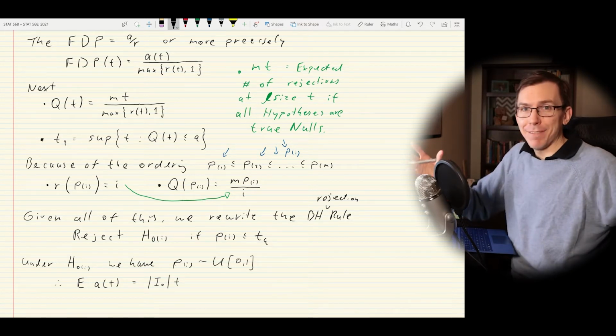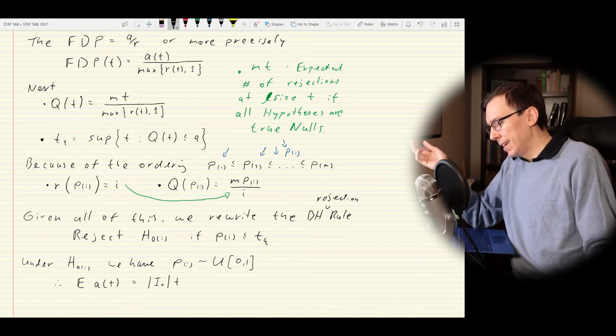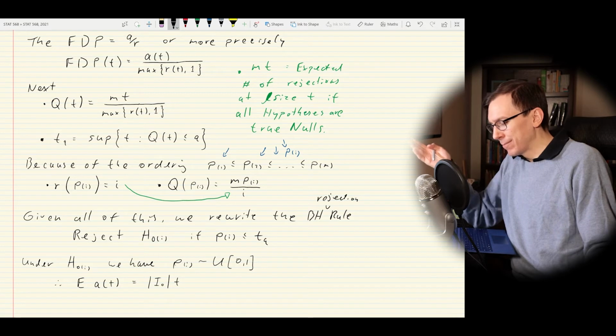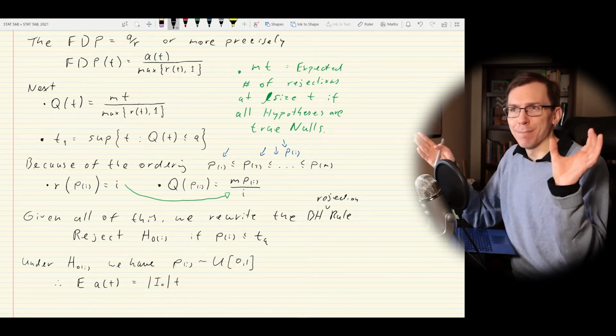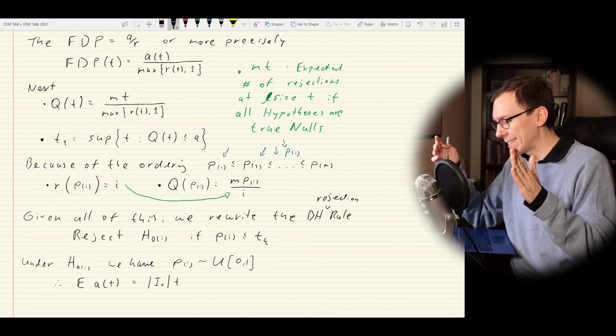Simply, it's just saying, if I have this many true nulls, they're uniform 0, 1. What's the expected number of them that would have at random a p-value less than T?